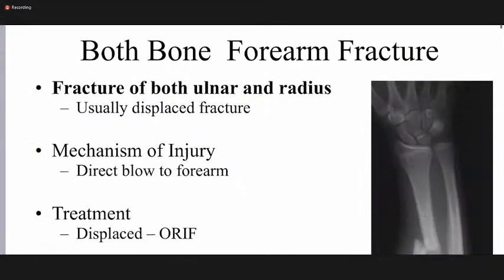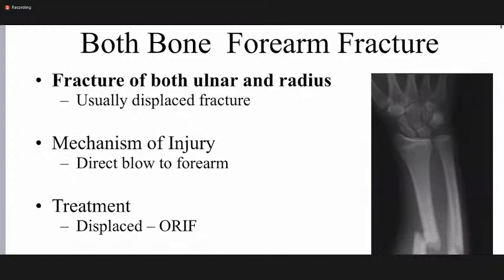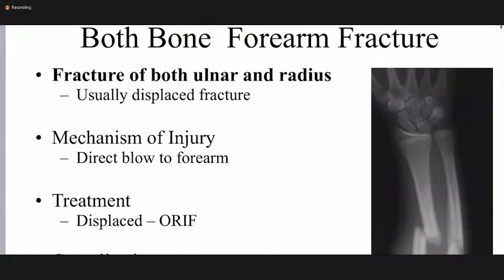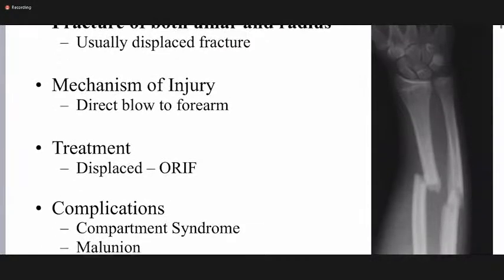Following bite injuries, I will also mention both bone forearm fractures, that means fracture of the radius and ulna. The mechanism of injury in most cases is a direct blow to the forearm. Could be an assault, could be an RTA, fall from some height, landing on the forearm.